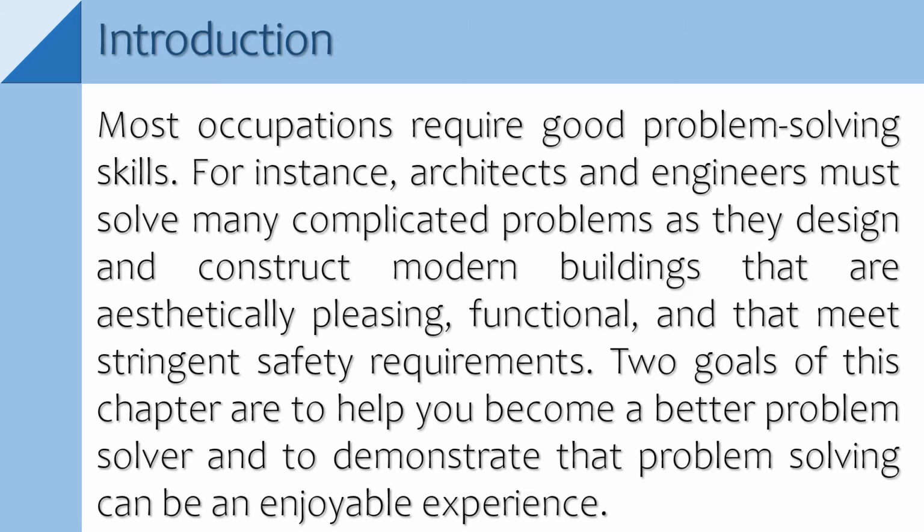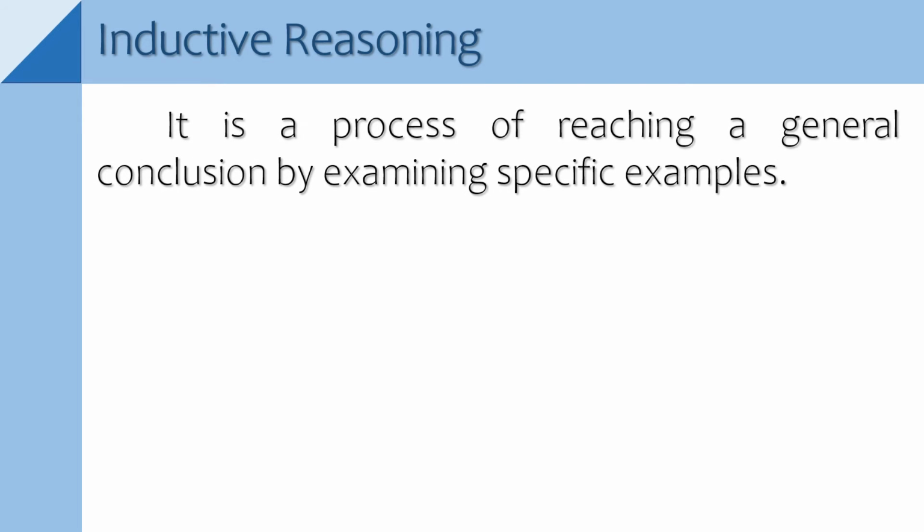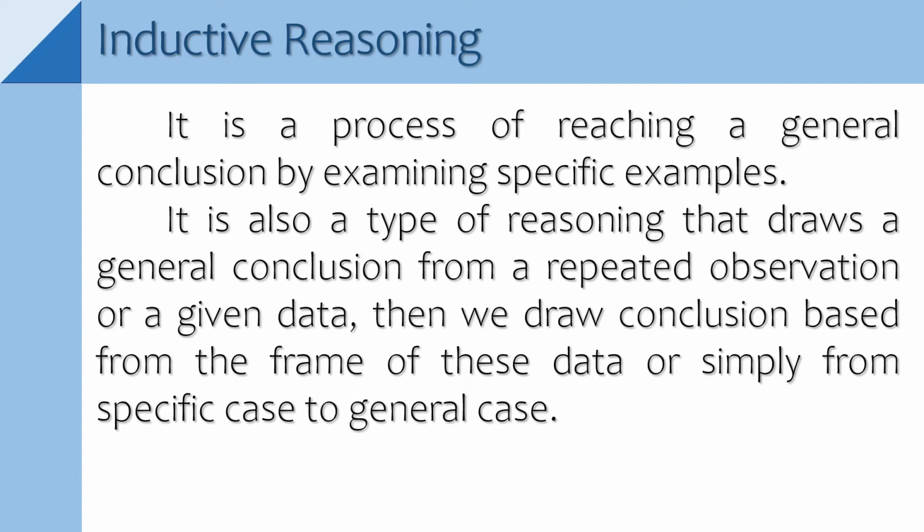Inductive reasoning is the process of reaching a general conclusion by examining a specific example. It is also defined as a type of reasoning that draws a general conclusion from repeated observation of given data. Then we draw a conclusion based on this data, from a specific case to a general case.